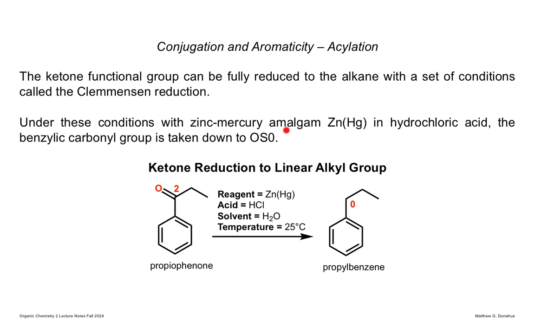So typically you would want a homogeneous mixture. We know zinc is a solid, mercury is a liquid. You can react them together to get an amalgam. So we use that amalgam and hydrogen or hydrochloric acid, and it's going to fully reduce that ketone, installing now 2 hydrogens at the benzylic position.